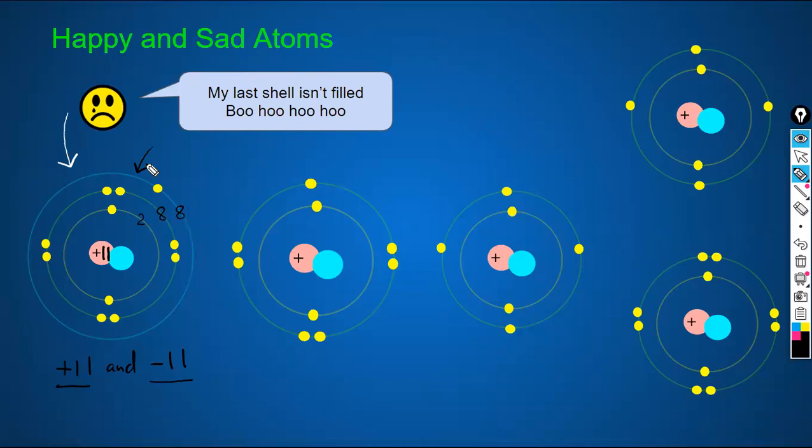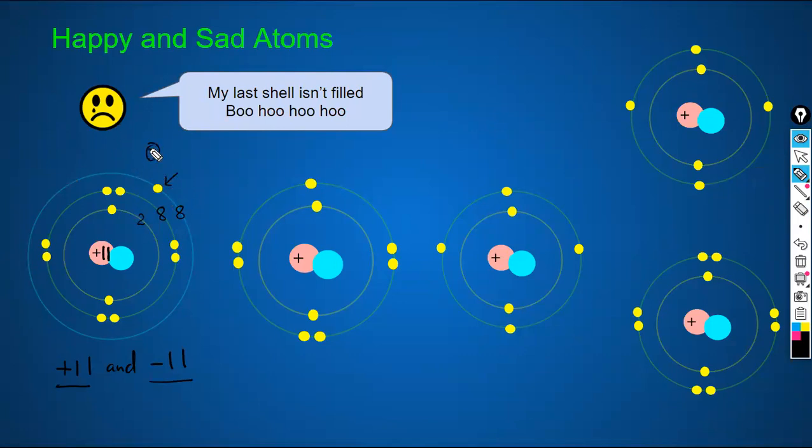Is the first atom happy? Keep in mind, for it to be happy, its outer shell must be filled. Is it happy or sad? It is sad because its outer shell can hold 8, and it only has how many? 1.